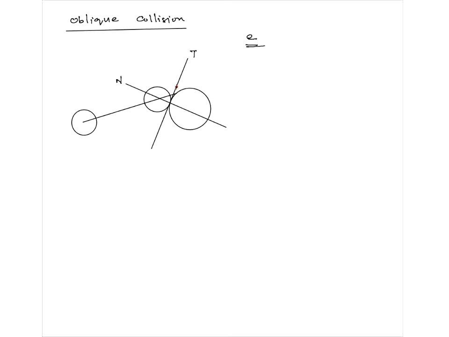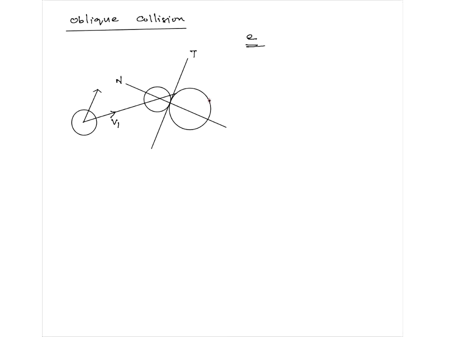So if I treat one body as a system, not both of them jointly as a system, then I can say that for that body there is no force along this direction. So if that body had some velocity v1, then the component of v1 along the tangential direction would never change, never. For one body as a system.